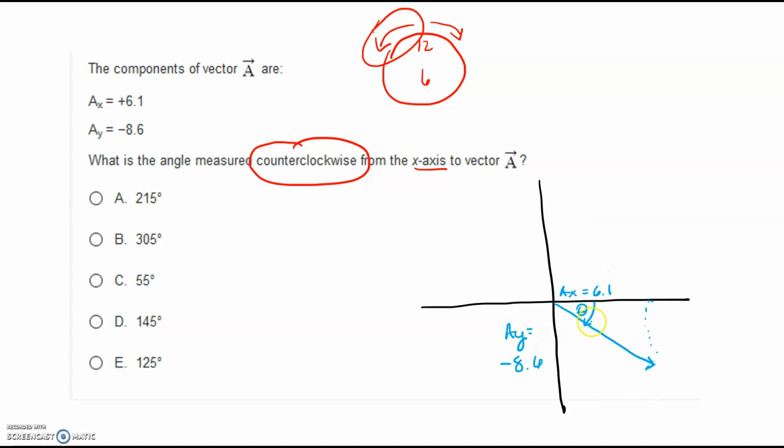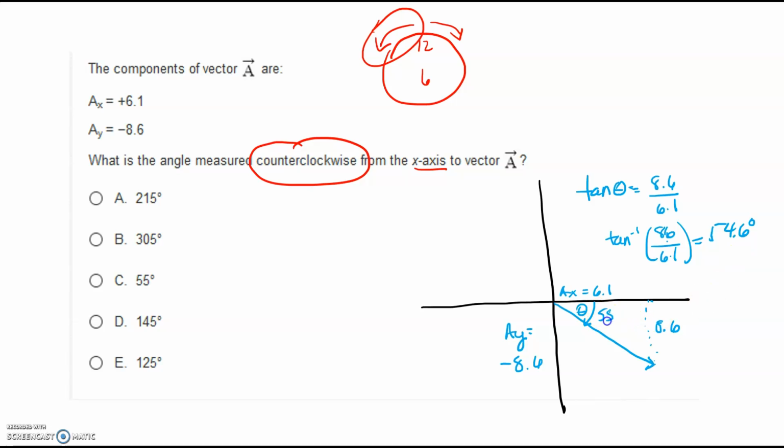Now keep in mind this is clockwise, this is not what they've asked for, but I said, all right, the tangent, if this is 6.1 and this is 8.6, the tangent of theta is going to be 8.6 over 6.1. Tangent inverse of 8.6 over 6.1 is equal to 54.6 degrees, or 55 degrees.